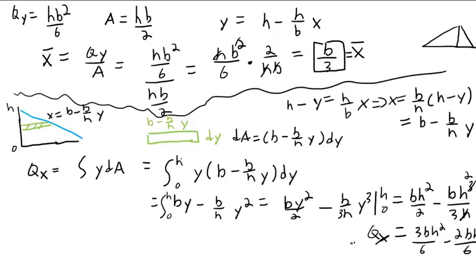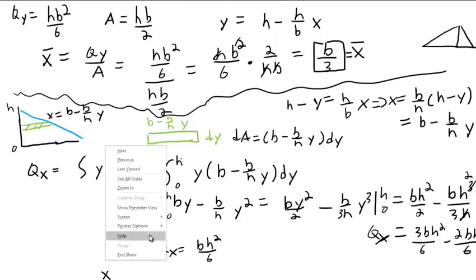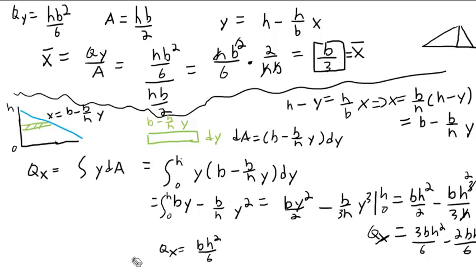So very similar to the Qy, Qx will simply equal bh squared over 6. So that's the first moment of area off of the x-axis.